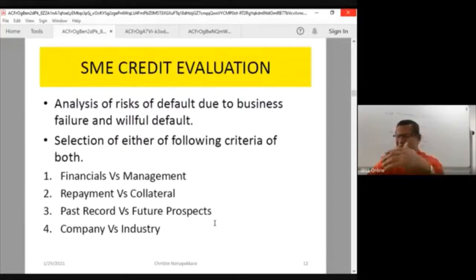And SME, I told you two words. SMEs' financials are generally not correct. It is your decision on customer management versus financial means. Don't rely on financial management alone. You need to look at the customer's track record, business visits, all that to be taken into consideration if you are doing SME credit evaluation.